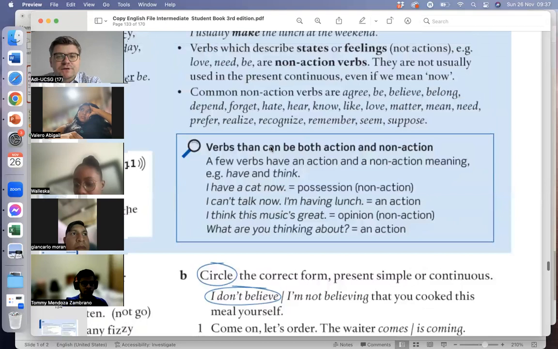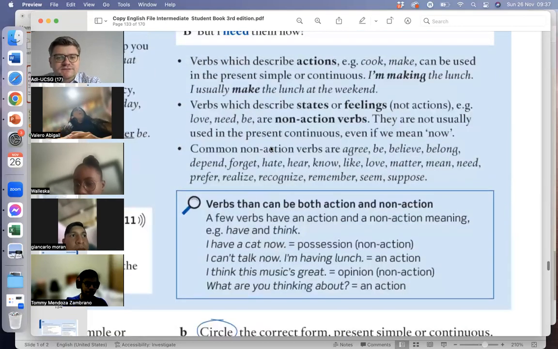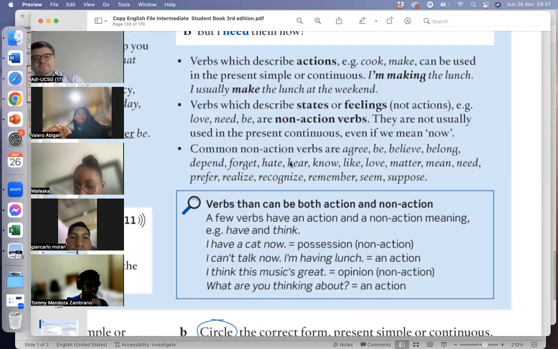In particular, pay attention when you see examples of non-action verbs. Remember when we spoke about non-action verbs, and what do we use with those? When we see non-action verbs, you're normally going to be using present simple, not continuous.